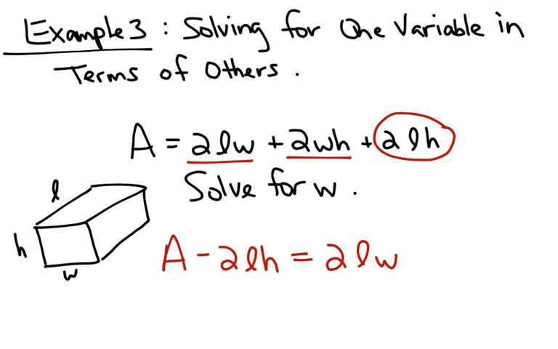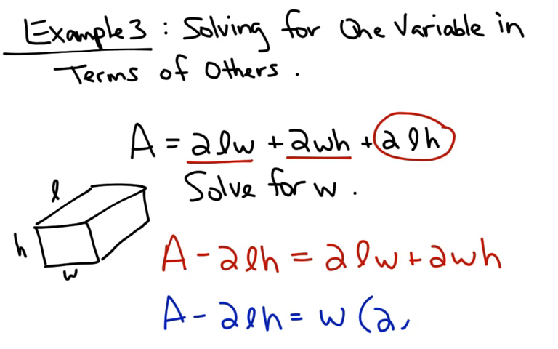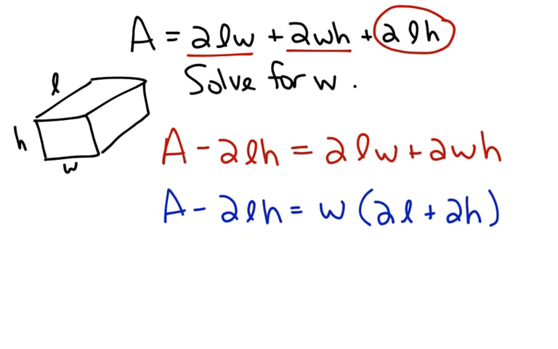Alright, so this is where I'm at. Now, since both of those terms that are left on the right share a W, one of the things that I can do is factor out a W. I know I can factor out a 2 as well, but the reason I'm not going to is because I want to get rid of those 2's anyway. I only want W to be left on the right-hand side when I'm done with this.